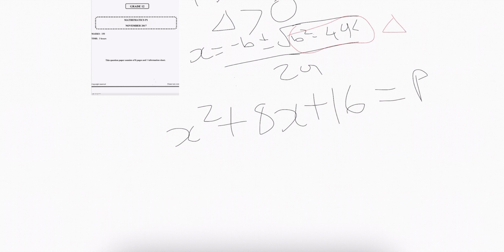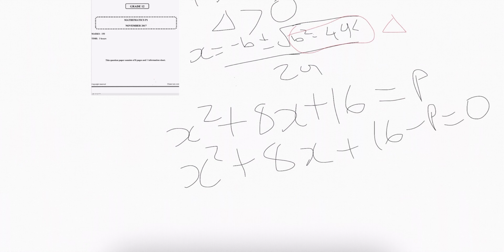Let's rearrange this into a quadratic format: x squared plus 8x plus 16 minus p equals 0. This is in the form ax squared plus bx plus c.